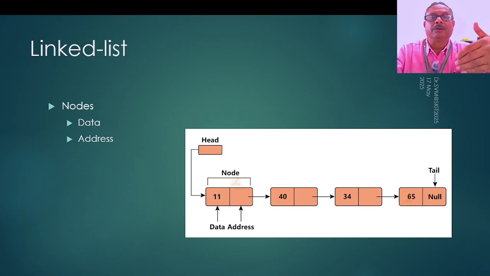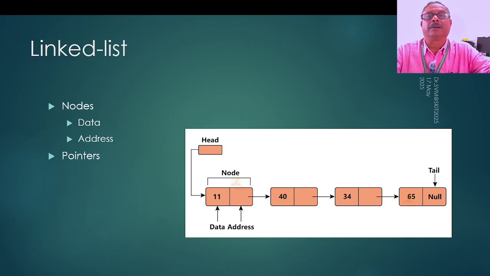Each node will contain one data and an address, which in our graphical way we can call the pointer to where the next node is. In memory allocation language also, we make use of pointers to represent where the next node is situated.